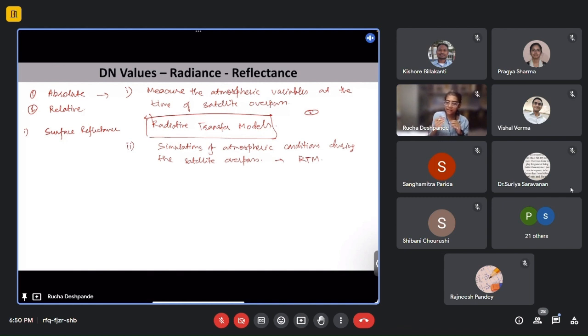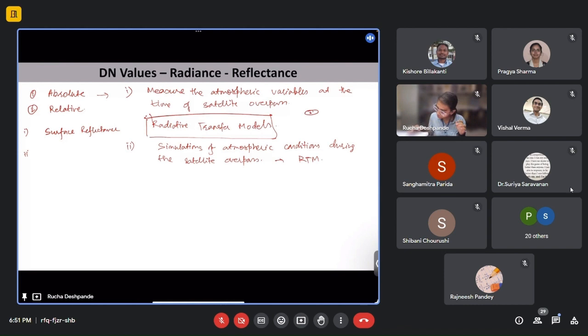In that case, we will be able to remove the atmospheric errors, and actual in situ data will let us remove the atmospheric errors. Or there is a second method. So this might also not be as practical for a regular user like us.